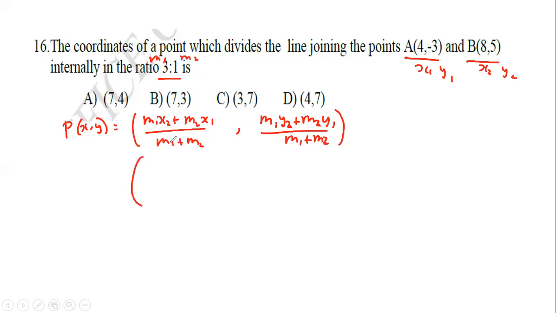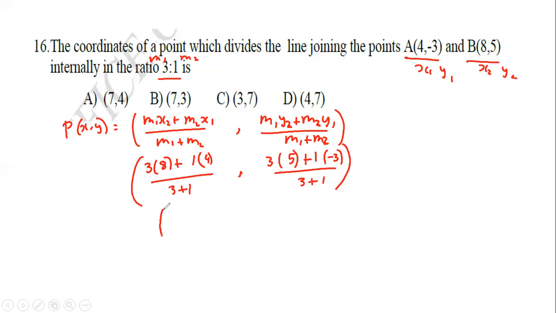Substitute the values. m1 is 3 into x2 is 8 plus m2 is 1 into x1 is 4 divided by m1 plus m2, 3 plus 1, comma, m1 is 3 into y2 is 5 plus m2 is 1 into y1 is minus 3, whole divided by m1 plus m2, 3 plus 1.